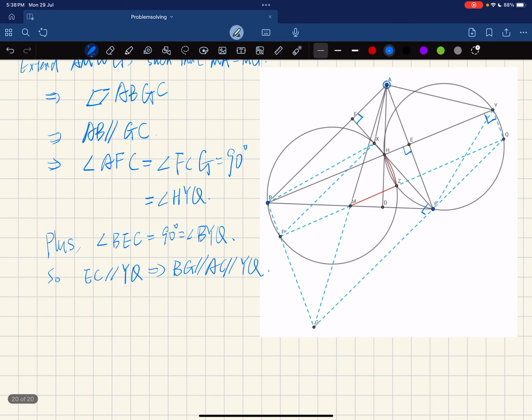So then we can have the angle PBH equals 90 degrees. Why? Because of the parallel lines, right? Parallel lines.